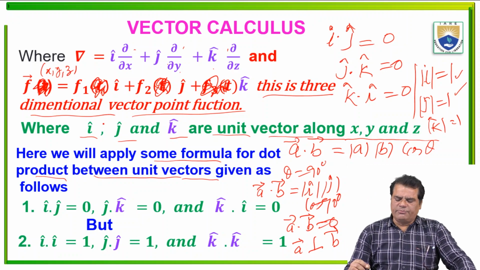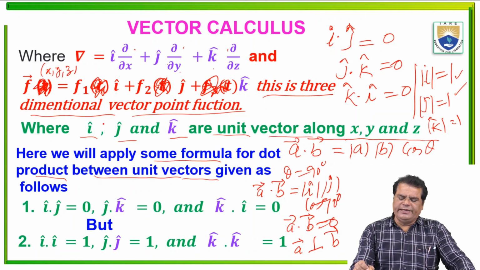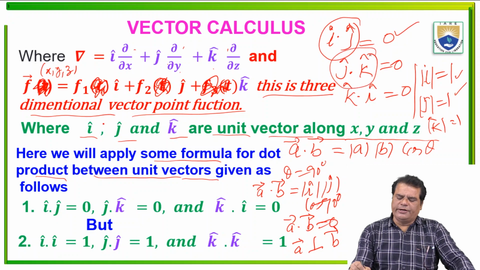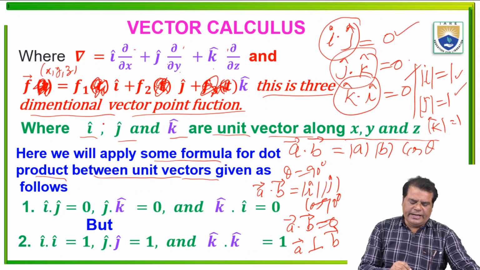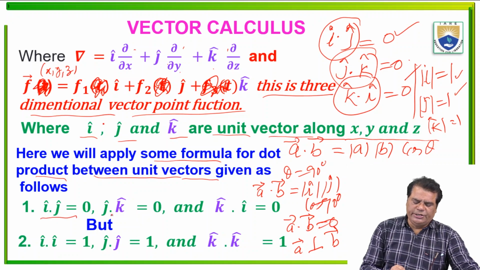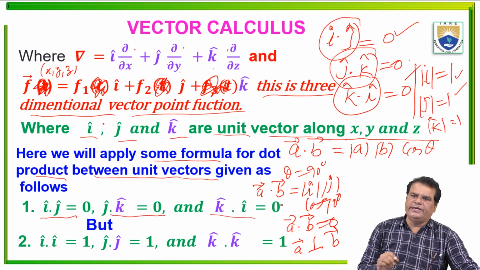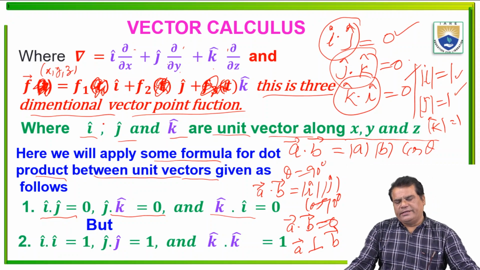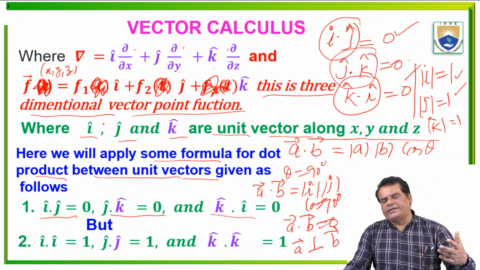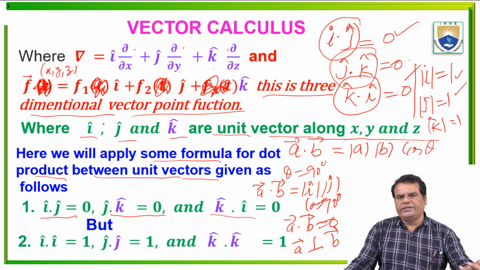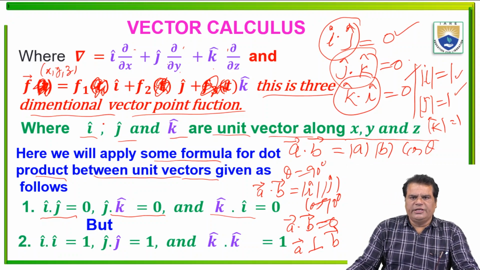So we apply the formula here. Then i dot j equals 0, j dot k equals 0, and k dot i is also 0. But for the same vector, the dot product i dot i, j dot j and k dot k is 1.